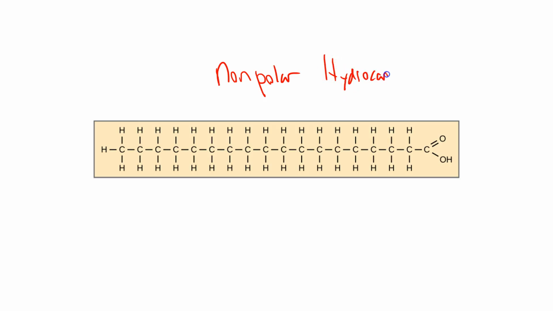They've got lots of nonpolar molecules made up of tons of carbons attached to one another, chock full of hydrogens. This is an example of what would be called a fatty acid, and lots of these lipids are made out of these fatty acids.